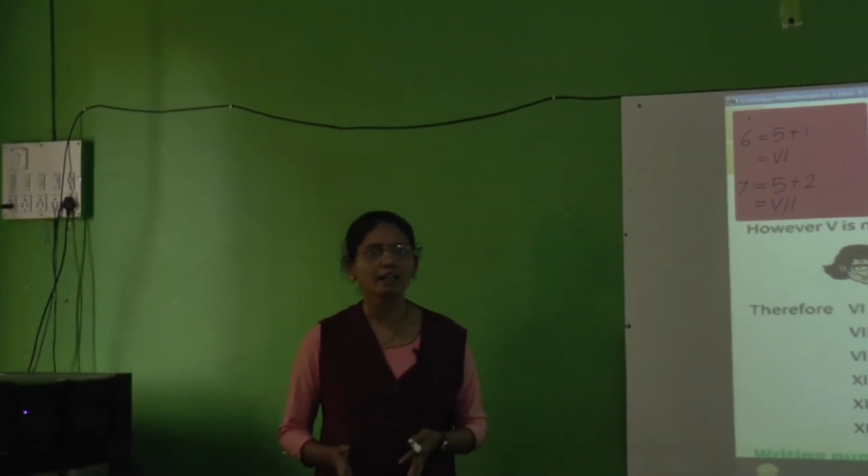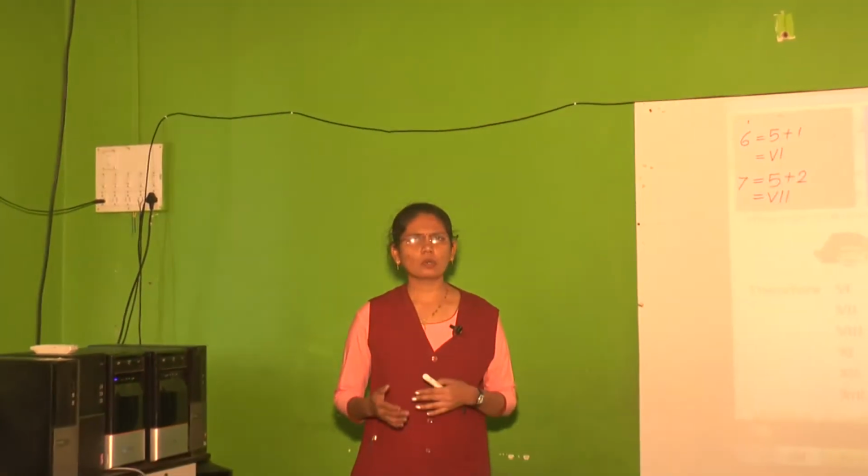Also we can repeat X 3 times, not more than that. Rule number 2: a smaller numeral written to the left of a numeral of greater value means subtraction. And rule 3: a smaller numeral written to the right of a numeral of greater value means addition.